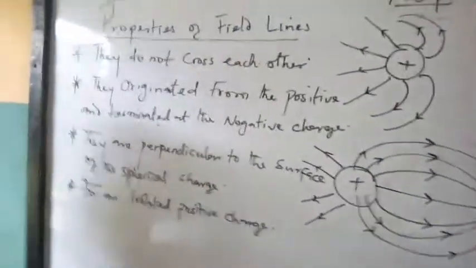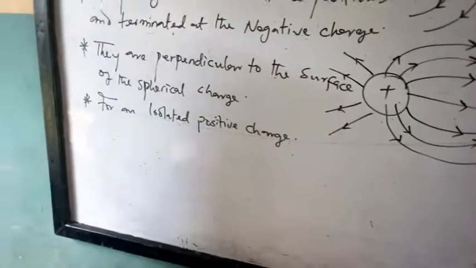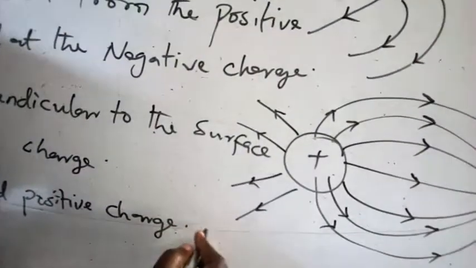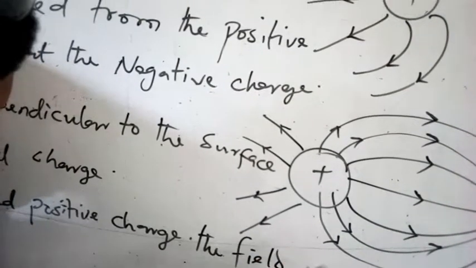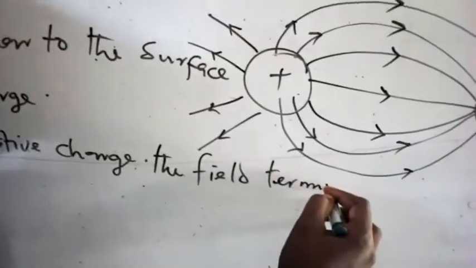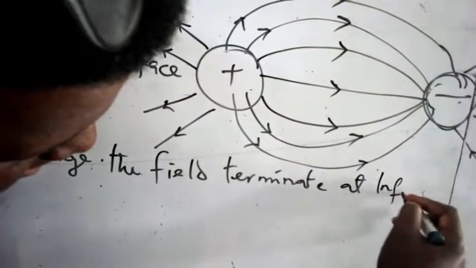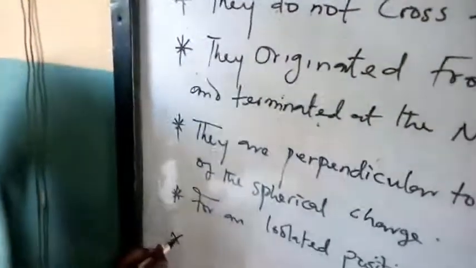So you write that for an isolated positive charge, the field lines terminate at infinity. We have it as this. It terminates at infinity.